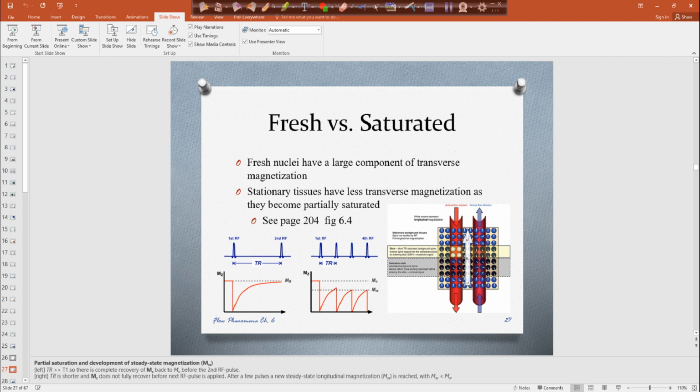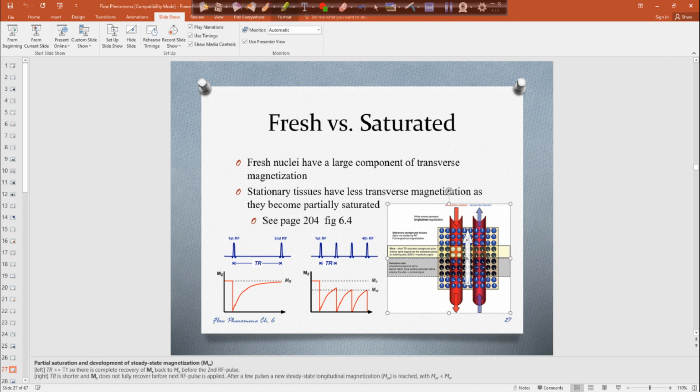Compared to our stationary tissues that have been repeatedly beaten down or fully saturated, and once they get 180, they have no transverse component, so they're going to have less signal. And that usually happens because we have really short TRs, so they're going to receive multiple RF pulses, so it slowly reduces, because the tissues don't have enough time to recover. So they're going to be slowly saturated.